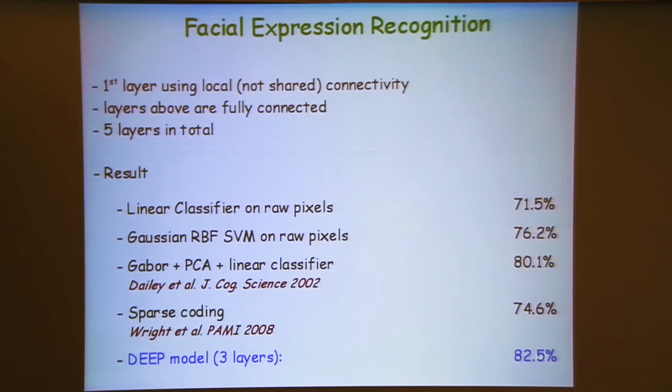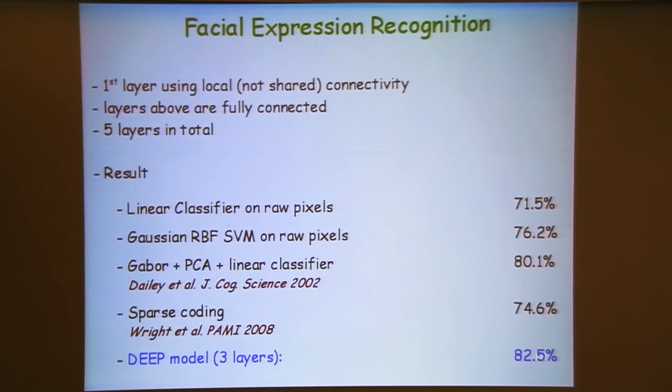And basically, I train a 4-layer model that has this gated MRF at the first layer and then RBMs at the 4 layers above. And you can see that if you apply a linear classifier on the raw pixels, you get slightly above 70%. A Gaussian SVM does slightly better.